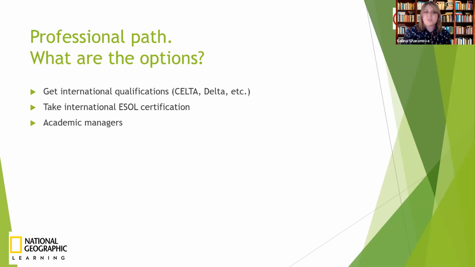You can become an academic manager, be part of a big team in a big or relatively big school. Then you can become a methodologist, and you will be able to see how all the methods and techniques work in reality, and to plan and design interesting and effective lessons.